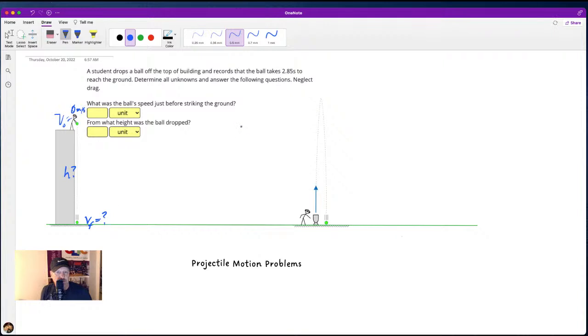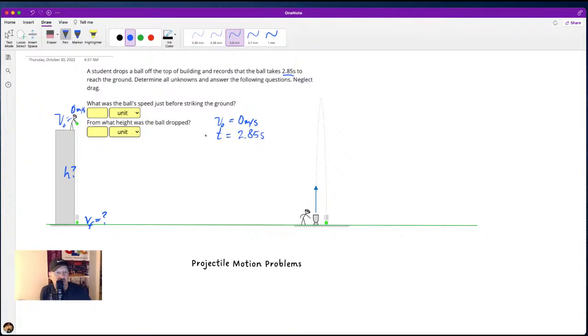V final is a question mark, height is a question mark, and time is given. So time of fall is 2.85 seconds.